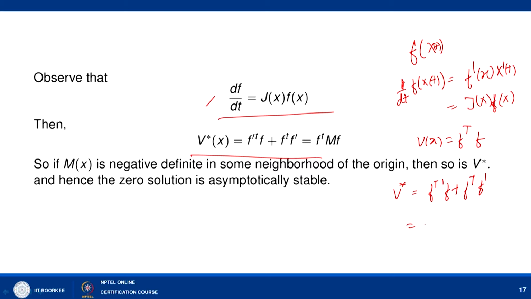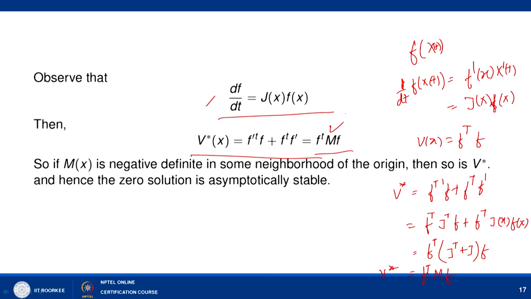Now, f transpose dash is basically J transpose f, it is already given here as f transpose J transpose, plus f transpose f dash, which is basically J of x f of x, right. So, we can write f transpose, and within brackets J transpose plus J, and f. If you look at this, it is nothing but M, so it is f transpose M f. So, V star is nothing but f transpose M f.